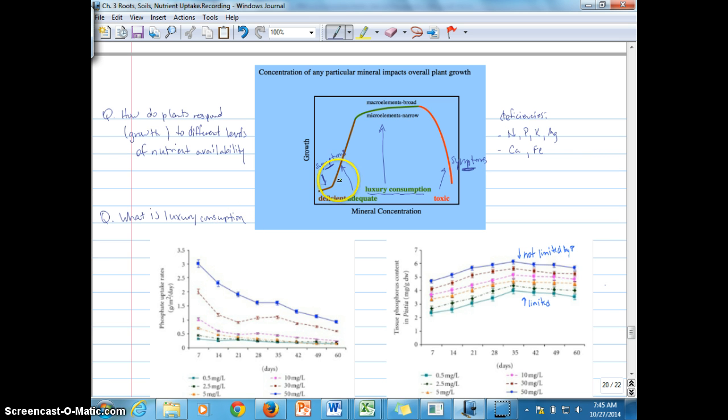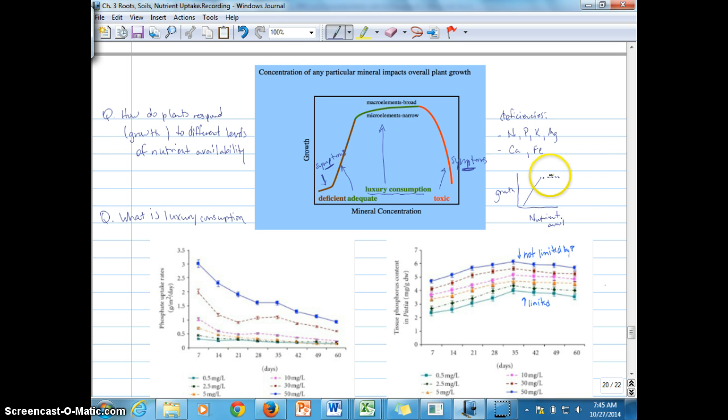When nutrients are in the range considered adequate, the nutrients actually limit growth in a straight-line, direct relationship, with growth on one axis and nutrient supply, or nutrient availability, on the other.